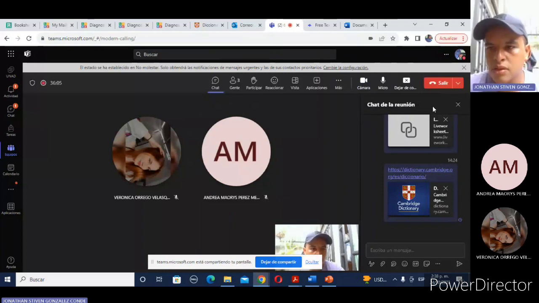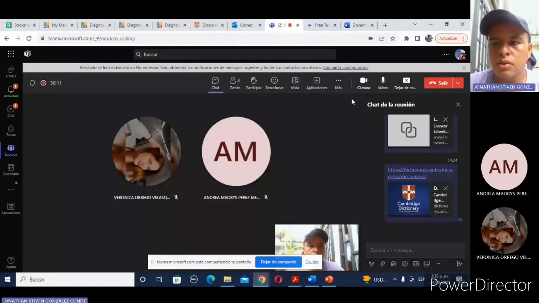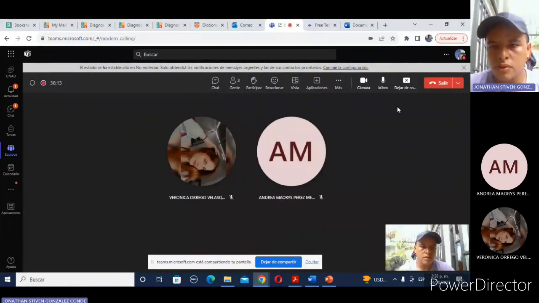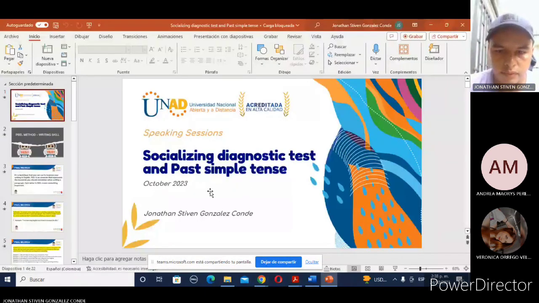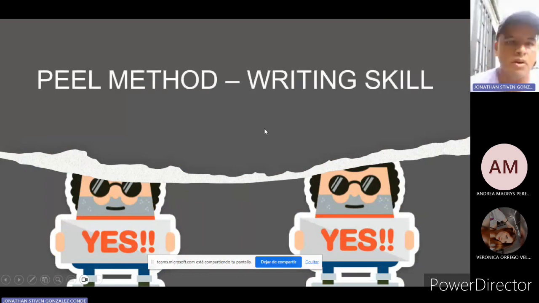Now we are going to see techniques that help to improve our English skills. The first one is the PEEL method, a writing skill.